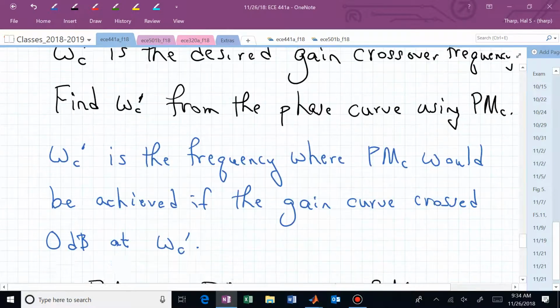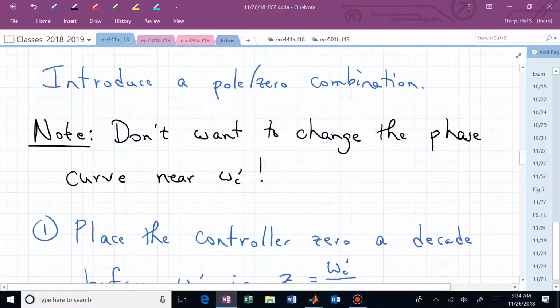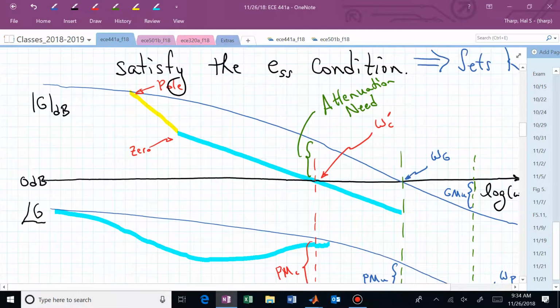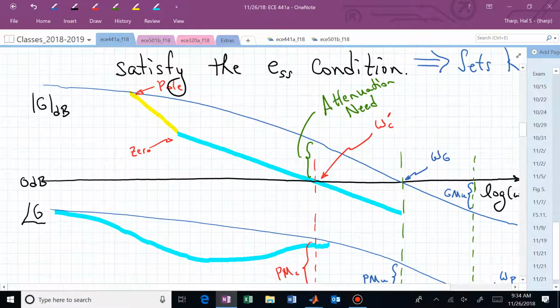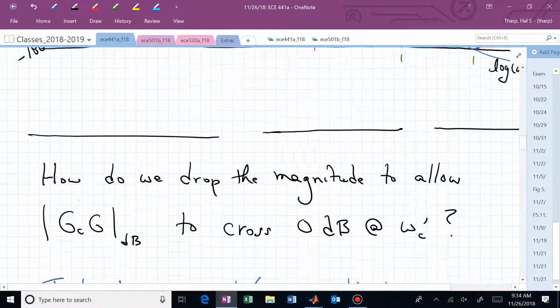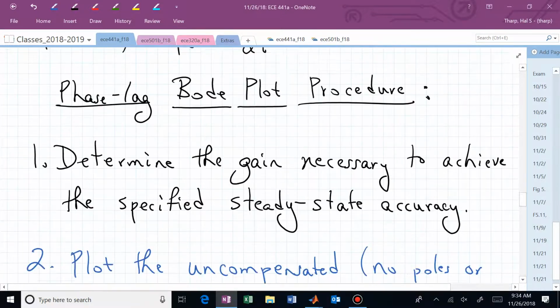So now we would come up to this plot and we would say how much attenuation is needed. If this value was actually at 30 dB, then we would need minus 30 dB of attenuation. That's what I'm saying for this step. I'm going to erase that, but you have it in memory.